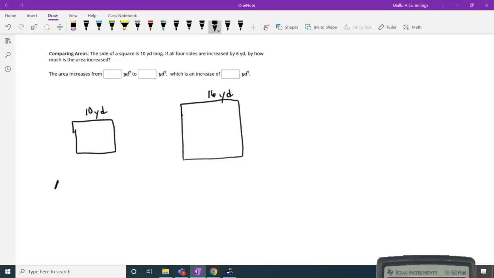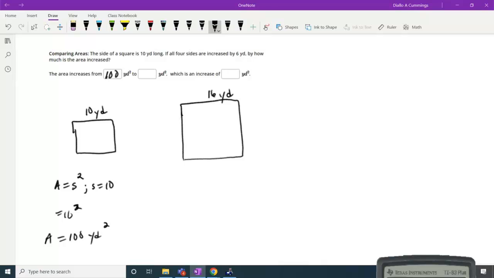So the formula says that the area of a square is, we simply take a side and square it. So I'm going to substitute S for 10. So 10 squared is 100. So 100 square yards is the area for my first square.